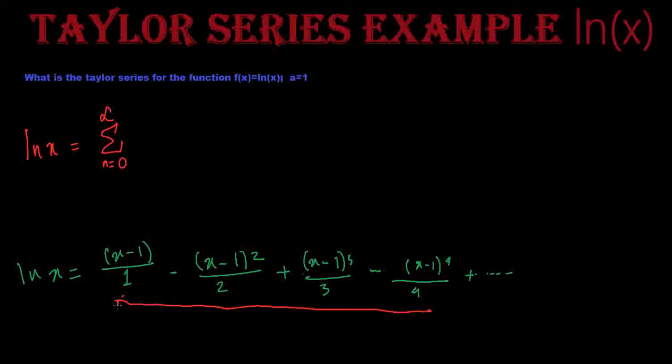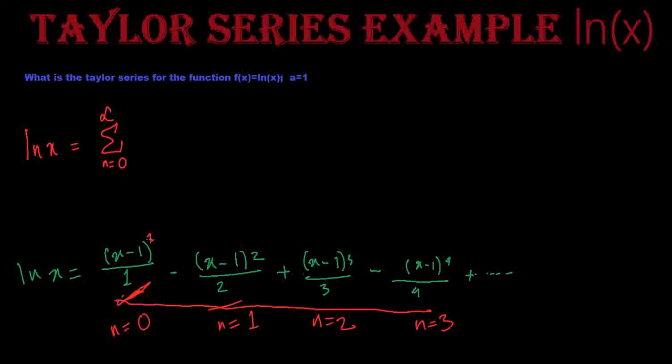If we consider this as n equals 0, we can see there is 1. If we consider n equals 1, the power is 2. n equals 2, the power is 3, and n equals 3, the power and the denominator is 4. So it's gonna be n equals 1, and this is n equals 0.